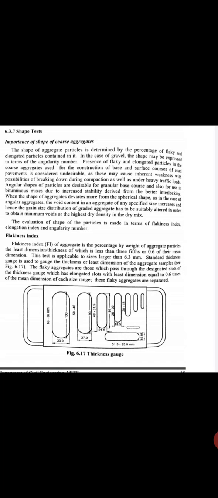Flakiness index. The flakiness index FI of aggregate is the percentage by weight of aggregate particles, the least dimension (thickness) of which is less than 3/5 or 0.6 of their mean dimension. This test is applicable to sizes larger than 6.3 mm. A standard thickness gauge is used to gauge the thickness or the least dimension of the aggregate sample, as shown in the below figure.